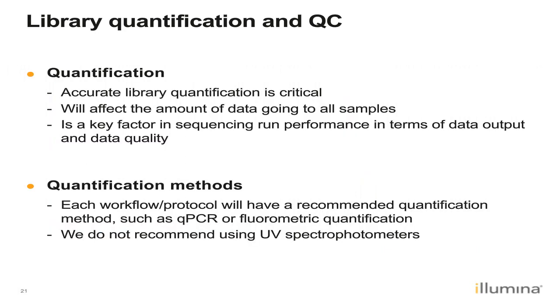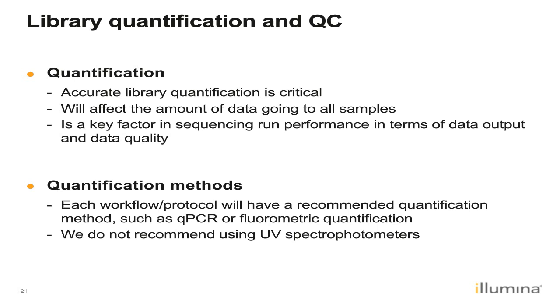Once we complete library preparation, we will want to quantify and QC our libraries before sequencing. We need to have accurate quantification and size information, as this will help us to make sure that we sequence the libraries properly. Accurate library quantification is absolutely critical for successful sequencing.